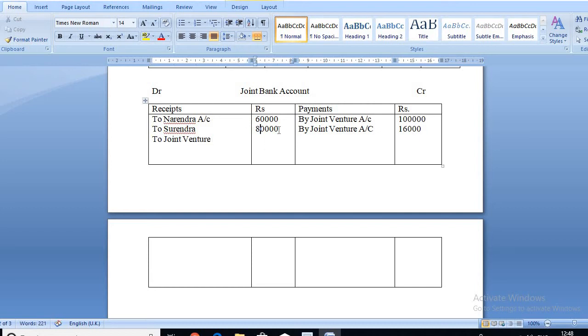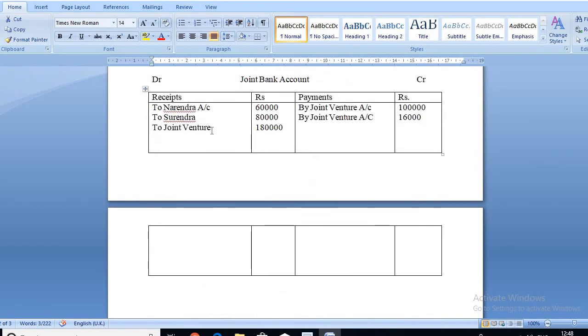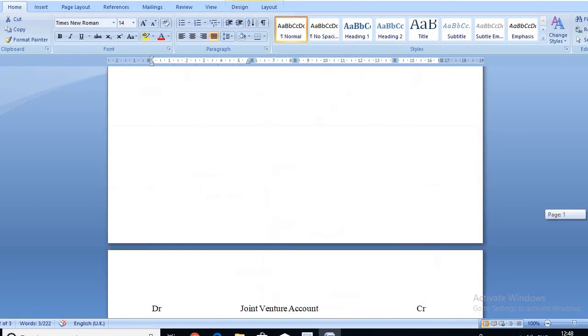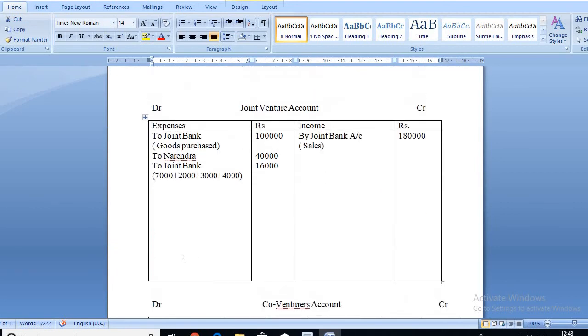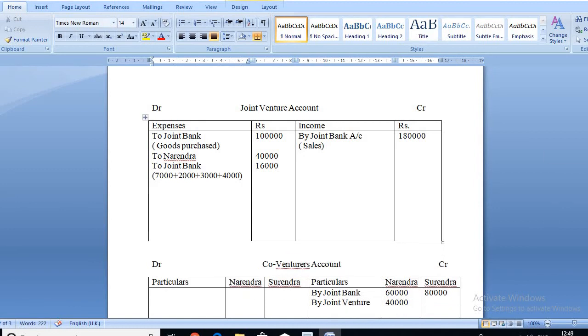How much? 1,80,000. Because here joint bank is credited in joint venture account, that's why I'm using the word joint venture. Now all the transactions are over.